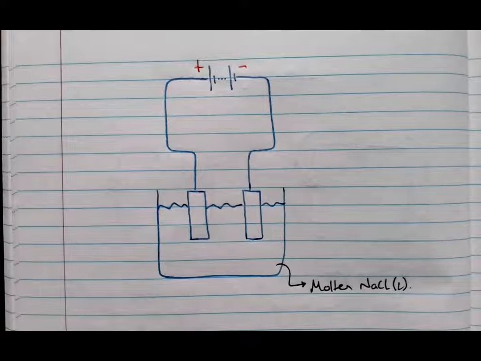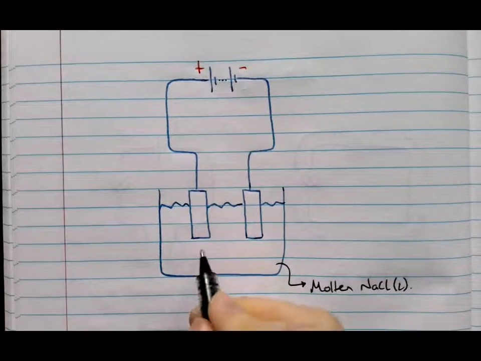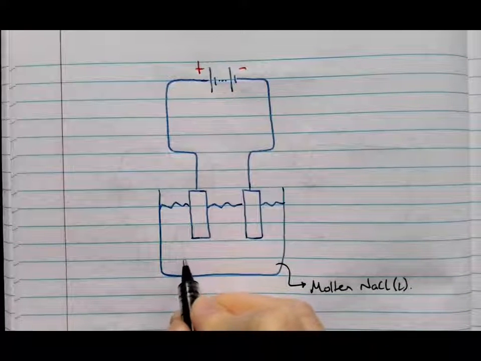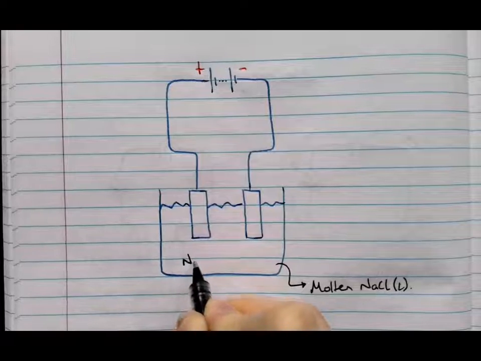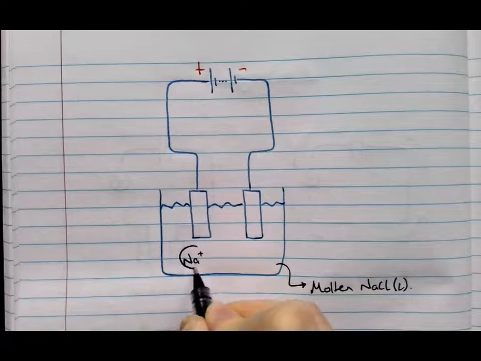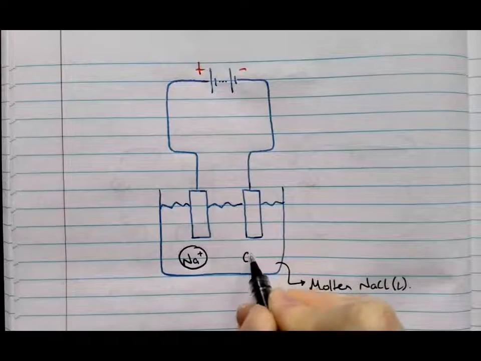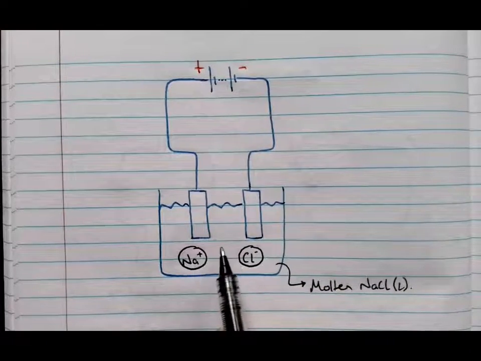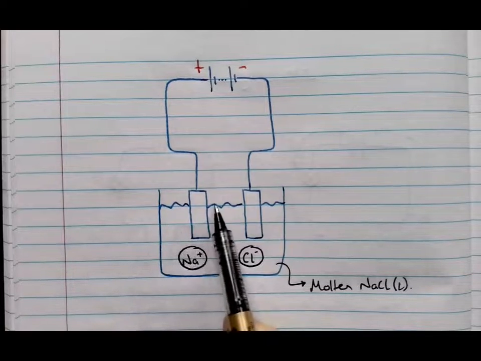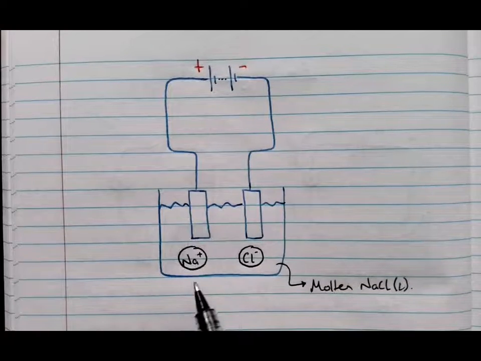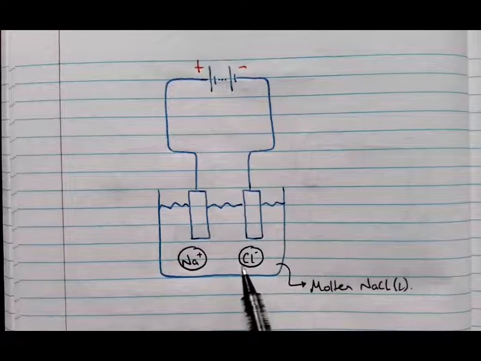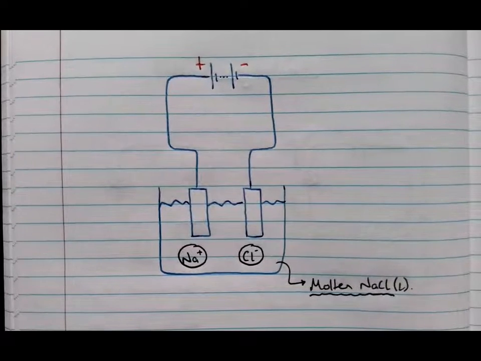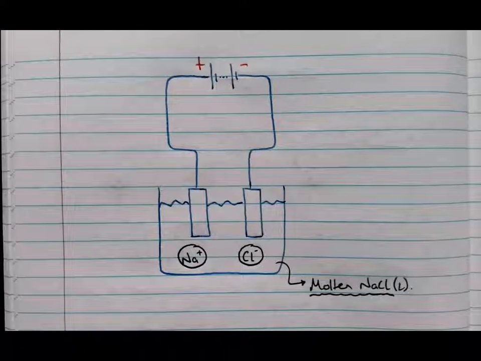So, in my molten sodium chloride, I'm going to have two different types of ion. I'm going to have my Na plus ions and my Cl minus ions. Now those are the only two types of thing in there. Now, I've drawn this up here to show you that it's full of liquid, but I don't want you to think that there's any water in here or anything like that. I've only got molten sodium chloride. There's no other thing in there.